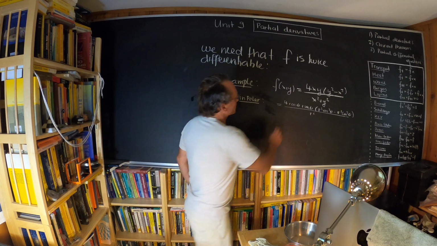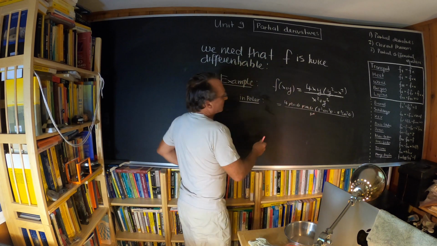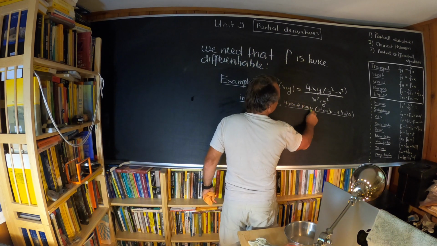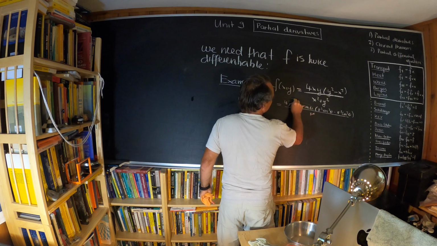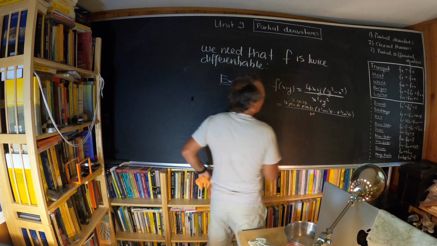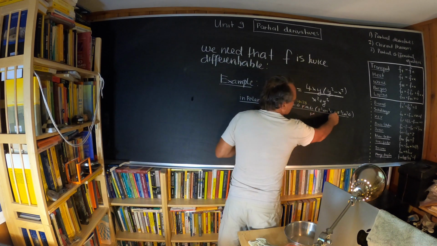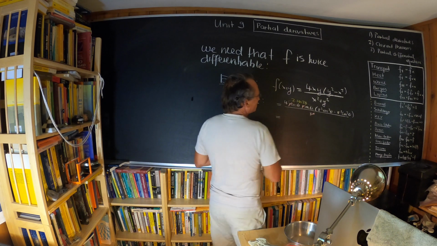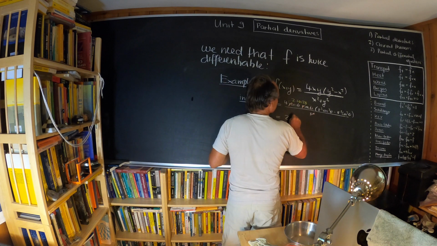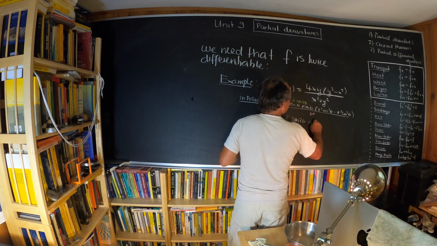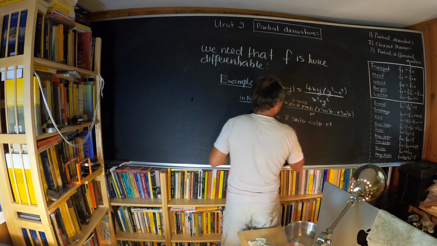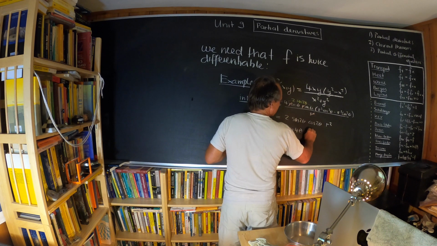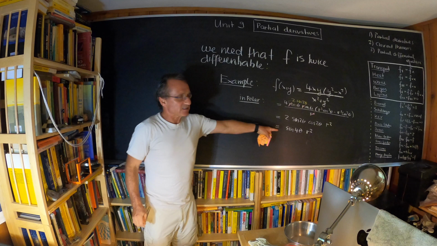So we can cancel the r's, the r squared. This is just 2 times sine 2 theta, and this is r squared, and this is cosine 2 theta. So this is 2 times sine 2 theta cosine 2 theta times r squared, which is just sine 4 theta times r squared. So in polar coordinates, this is a very nice function.